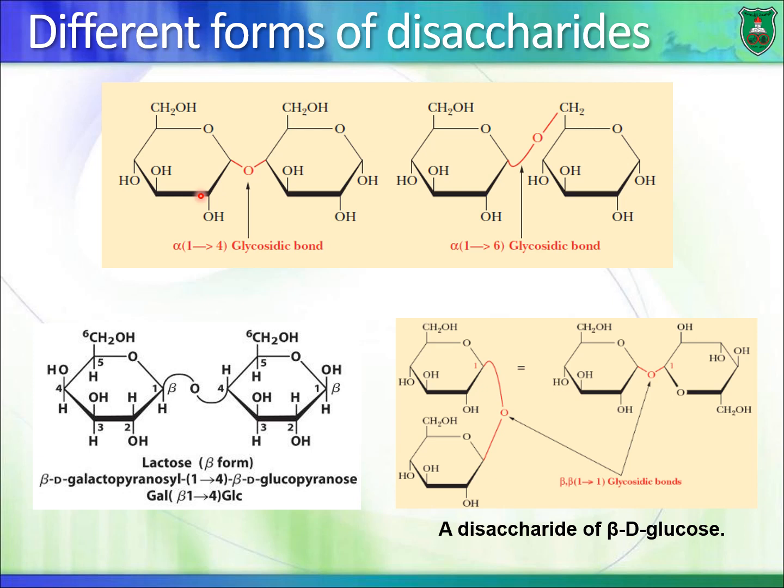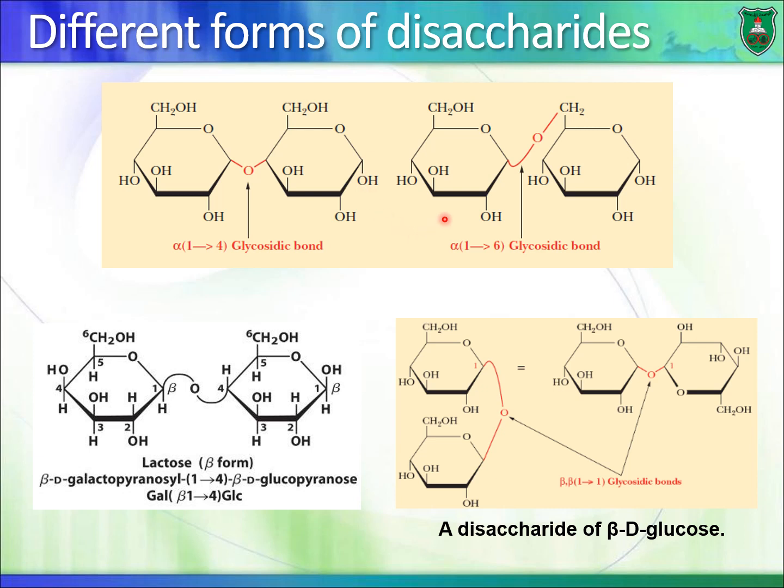Is it in the alpha or the beta orientation? It is in the alpha orientation. Look at this one right here. What is it exactly? It is, again, a glucose residue. Is it in the alpha or beta orientation? It is also in the alpha orientation.